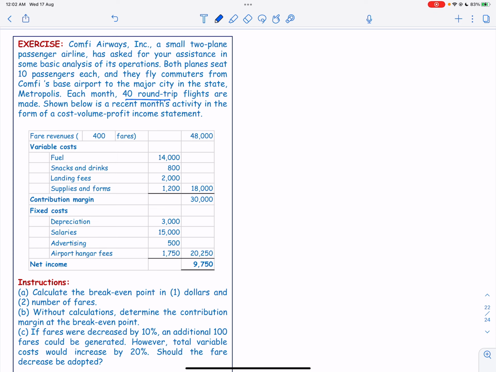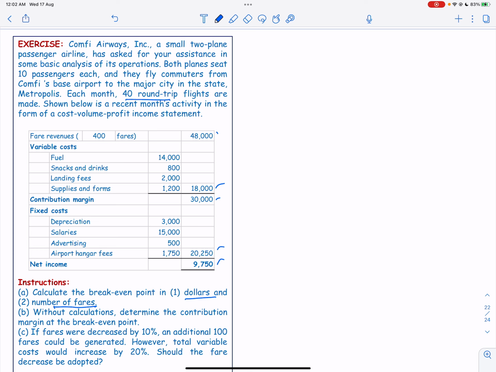So we have the revenue, we have the total variable cost, contribution margin, we have the fixed cost and the net income. So first of all, calculate the break even point in dollars and number of fares.